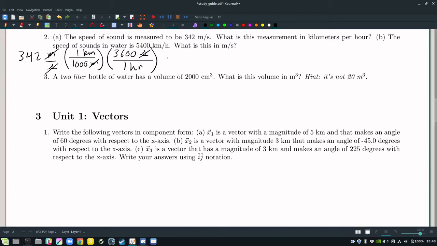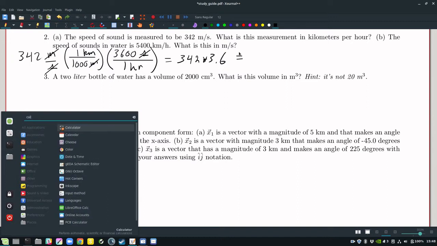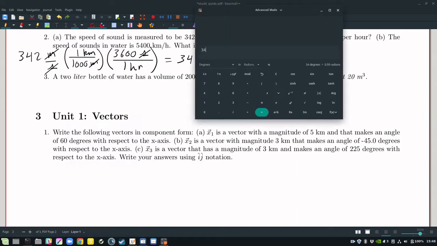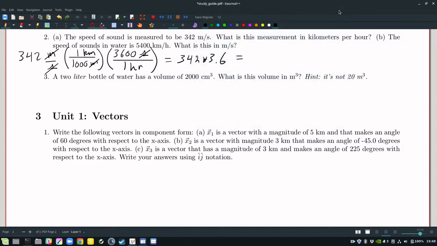And so 342 is simply multiplied by 3.6. And that will come out in kilometers per hour. So let's get the 342 times 3.6, 1,231. So let's just say that's 1,231 kilometers per hour.